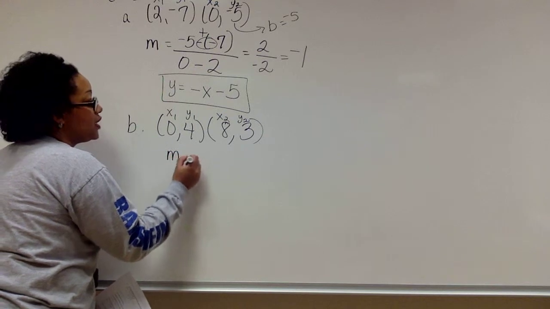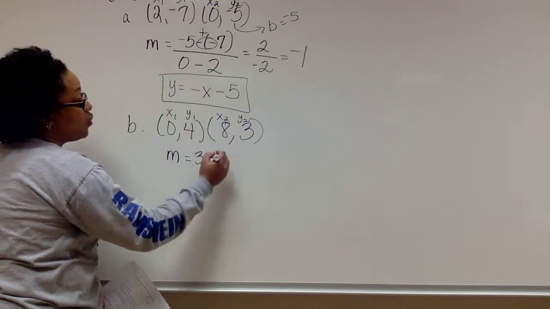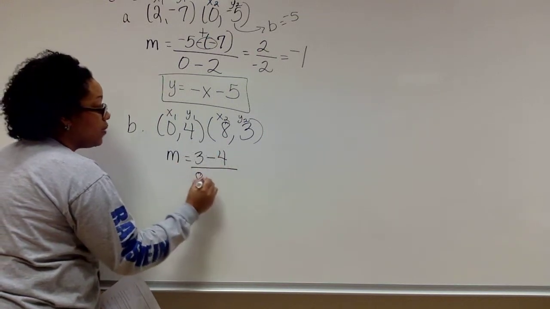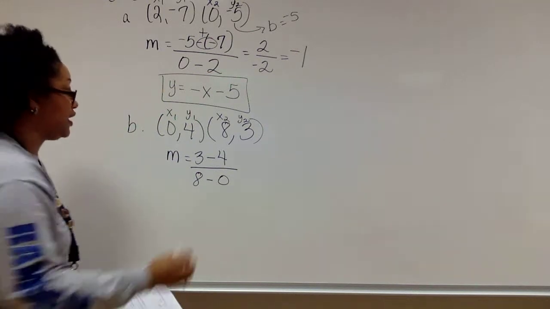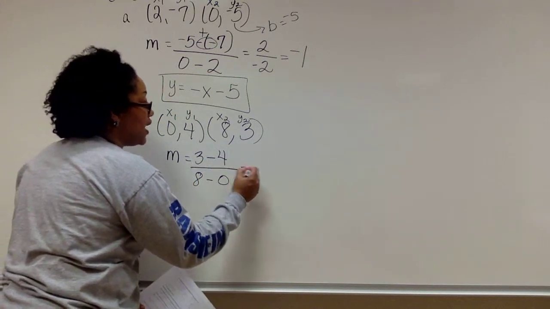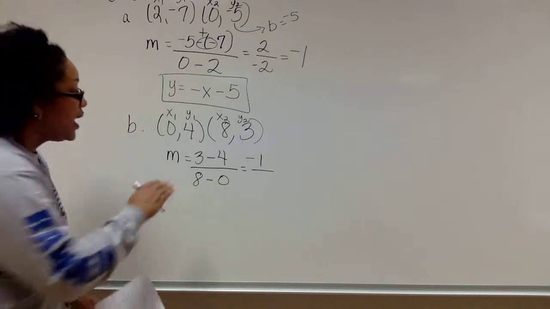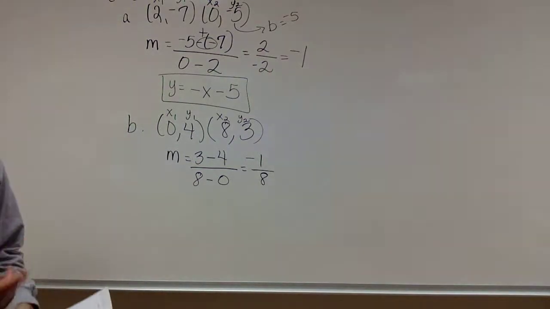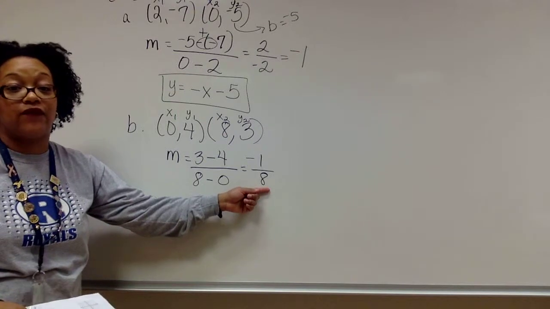Set up my formula. y2 minus y1 divided by x2 minus x1. And then we do our arithmetic. 3 minus 4 is -1. If you don't know, your calculator does. 8 minus 0 is just 8. Can we simplify this any further? No. This is your slope in simplified form.